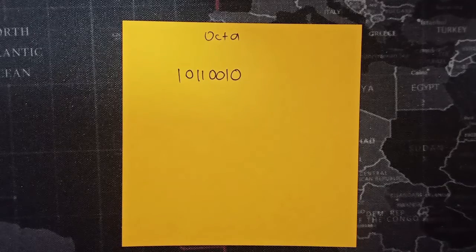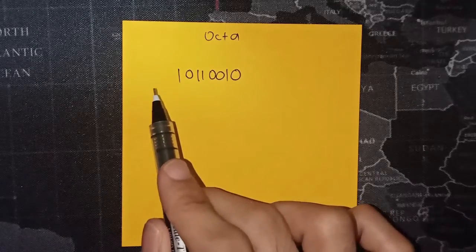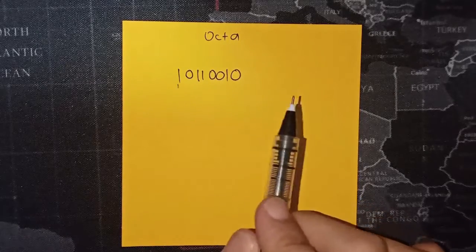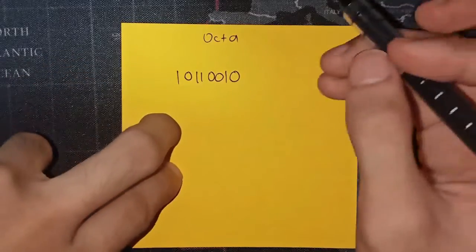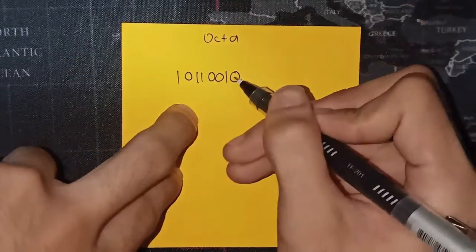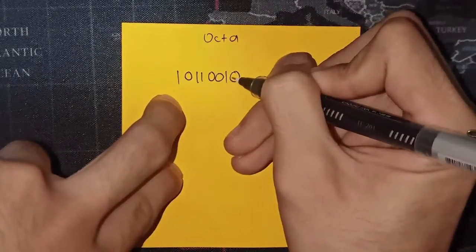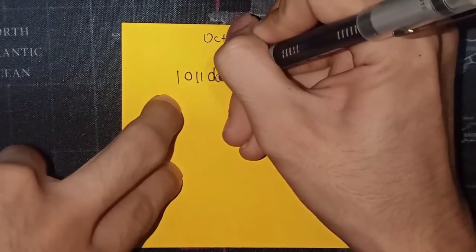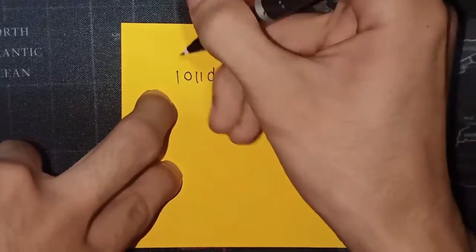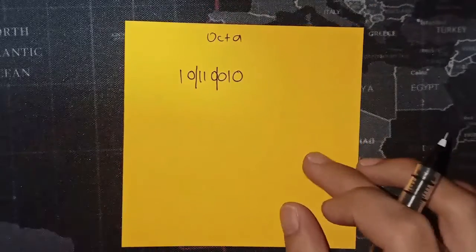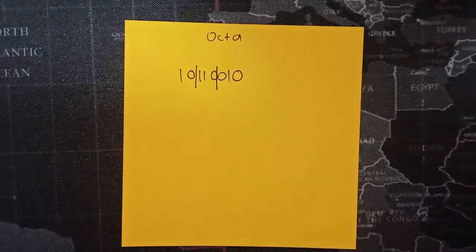You're just going to divide this given binary into 3. You're just going to count 1 to 3 from right to left. 1, 2, 3. 1, 2, 3. Just like that.